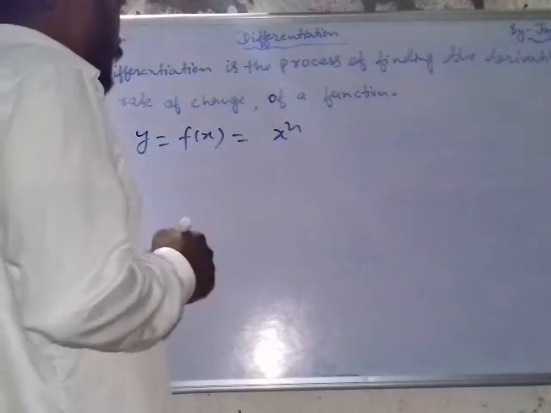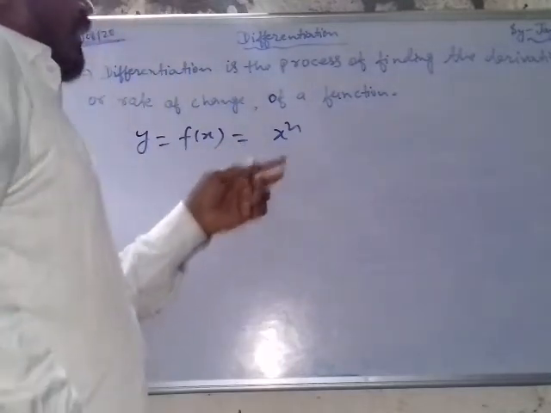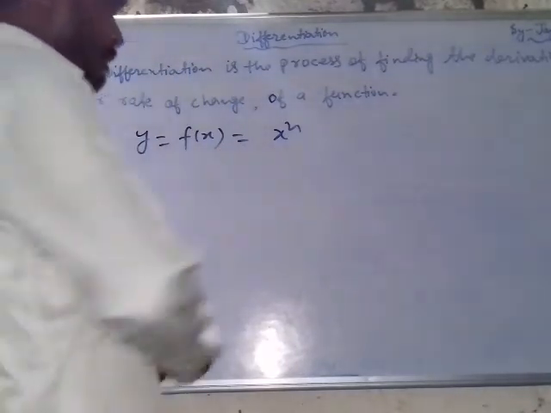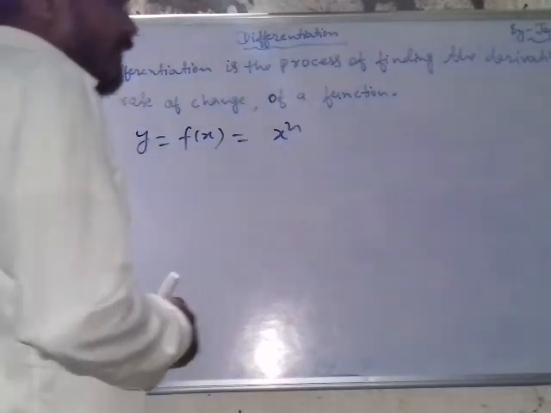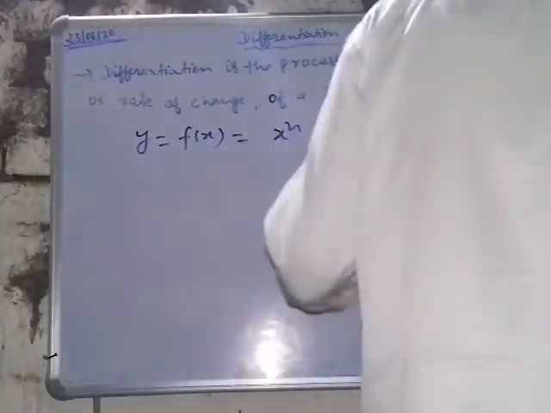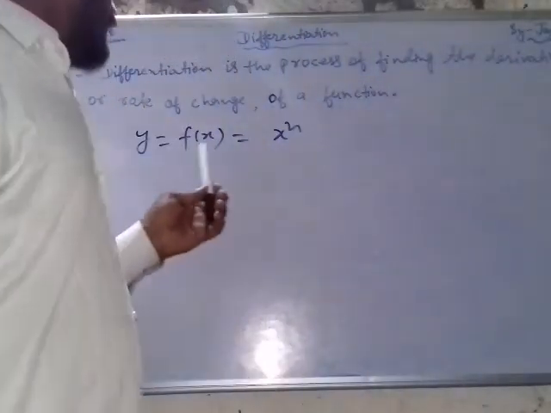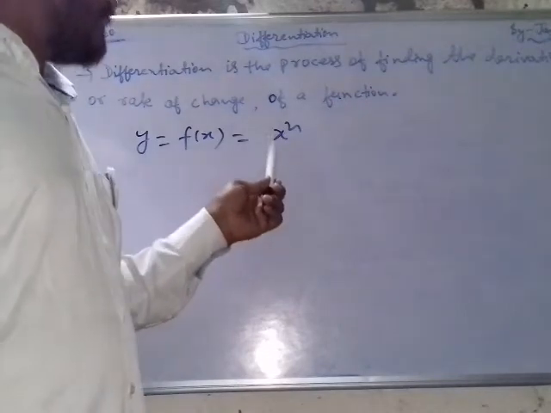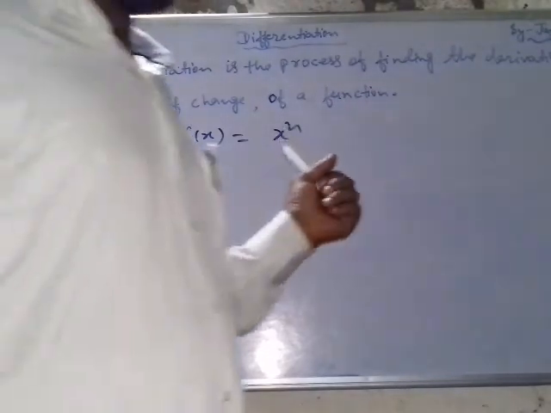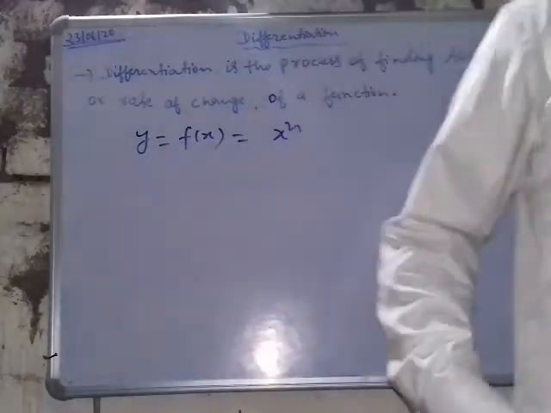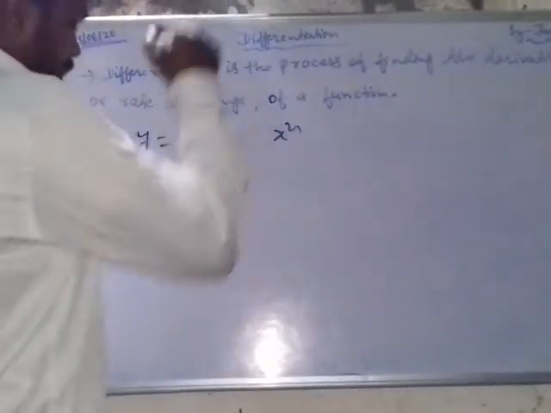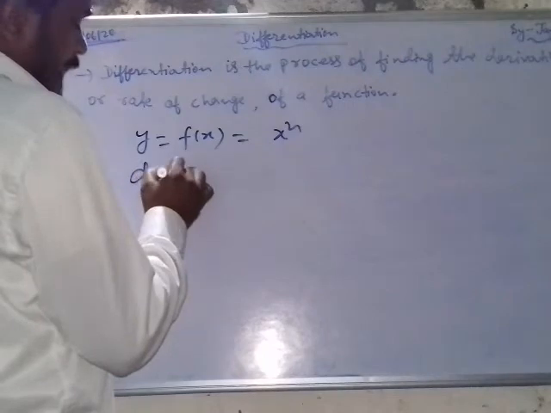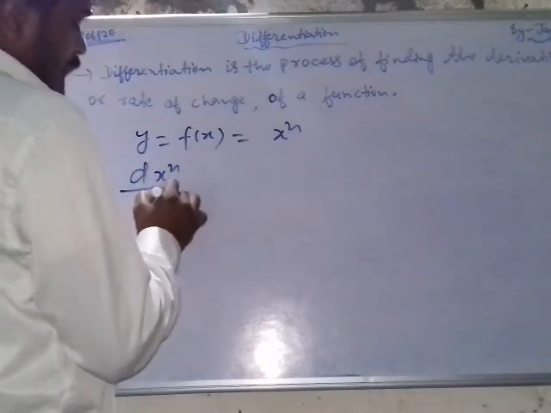If we choose y is equal to f(x) equal to x^n, then the differentiation means the derivative of x to the power n, that is the rate of change of this function with respect to x. We write it as d(x^n)/dx.